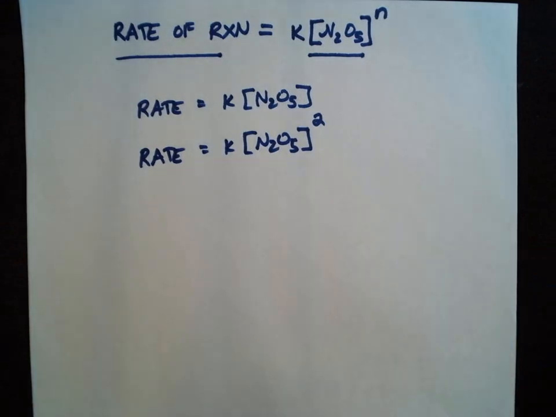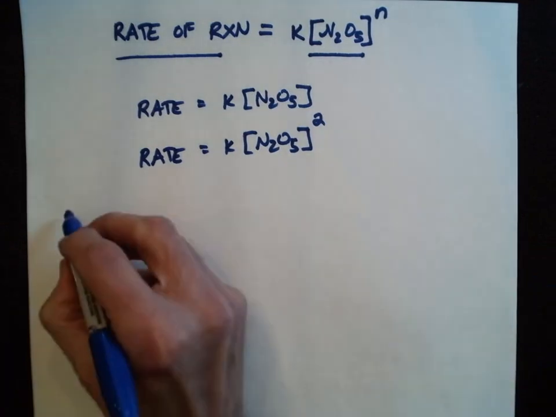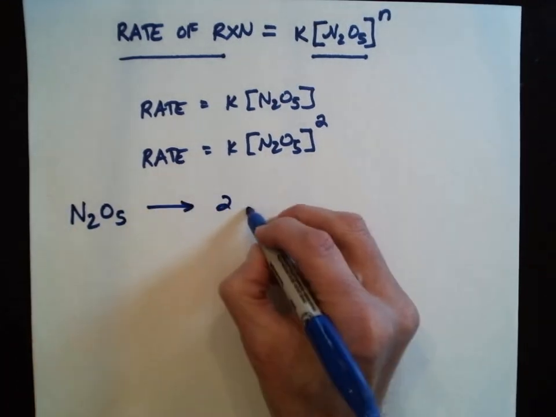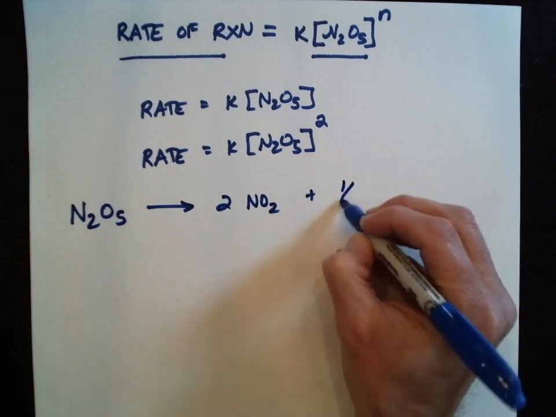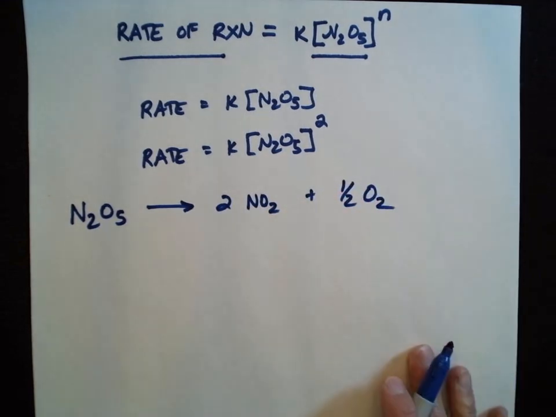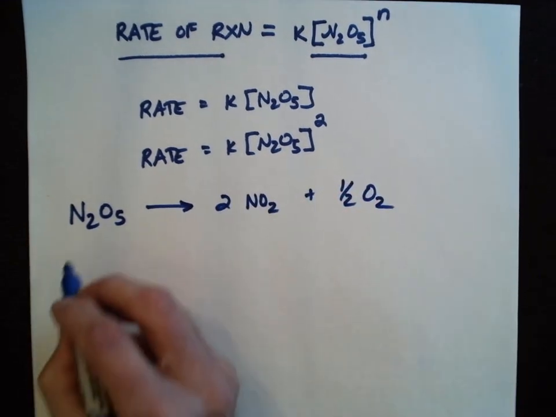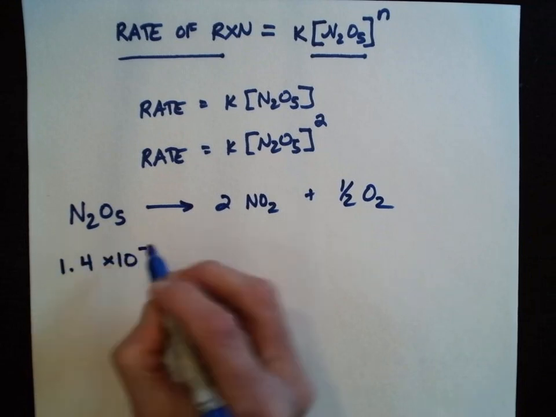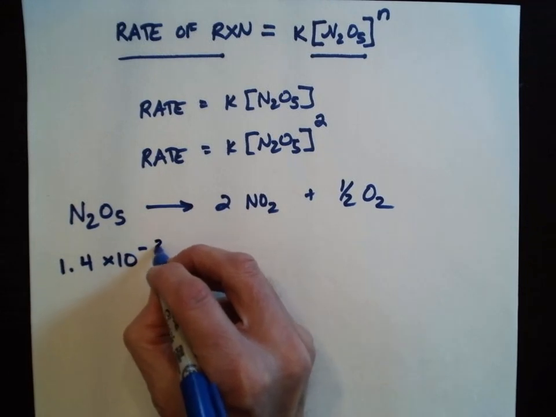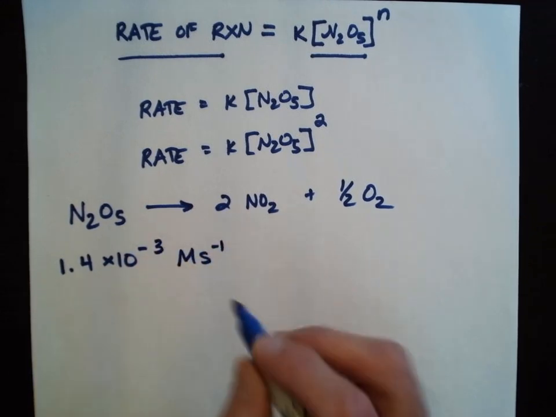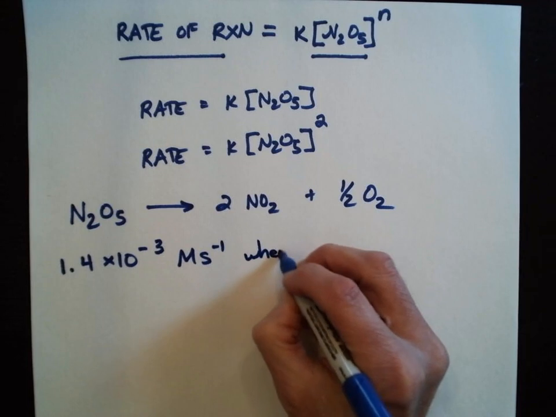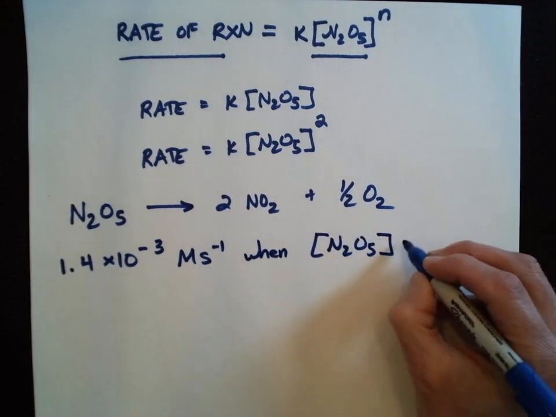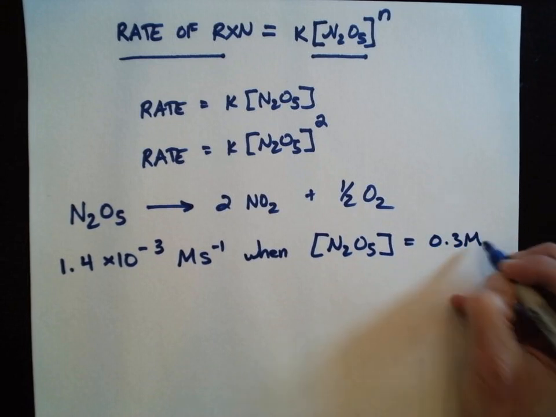So let's see if we can see how this sort of plays out. Let's say we've got our reaction, N2O5 decomposes to 2 moles of NO2 and a half mole of oxygen. And we note that the rate happens to be 1.4 times 10 to the minus 3 molar per second when the initial concentration of N2O5 is equal to 0.3 molar.